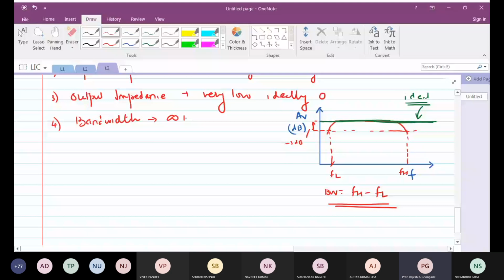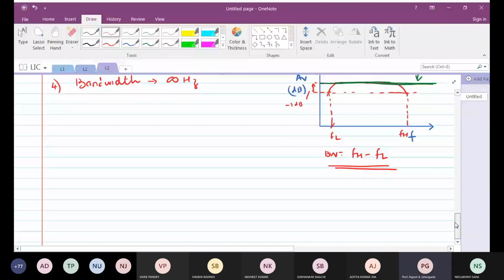Is that fine? Okay. In fact, these four, along with some other parameters, form what is called the characteristics of an ideal operational amplifier.